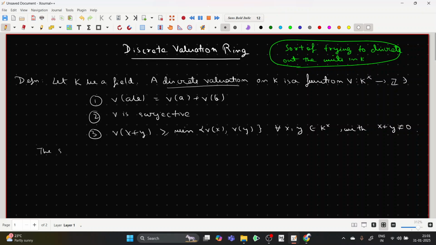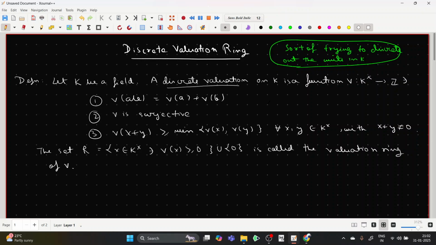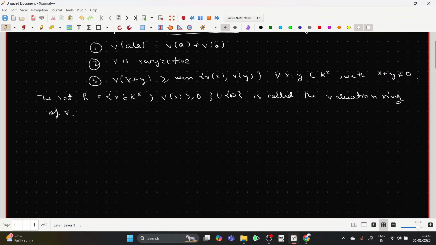So the set R, which is defined as the collection of all units of K such that its discrete valuation is non-negative, including the element 0, is called the valuation ring of V. Okay, so this is the definition of a valuation ring, or rather this is actually what we call a valuation ring. A discrete valuation ring is somewhat more specific, we will see.